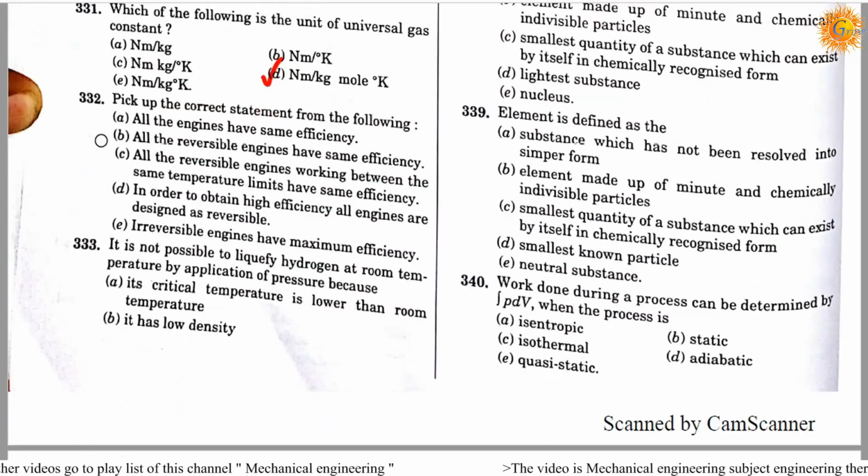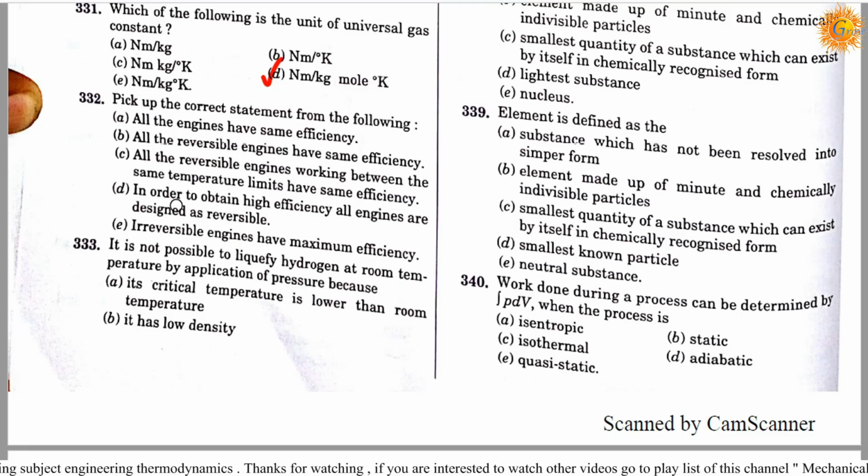Question number 332. Pick up the correct statement from the following. Option A. All the engines have same efficiency. Option B. All the reversible engines have same efficiency. Option C. All the reversible engines working between the same temperature limits have same efficiency.